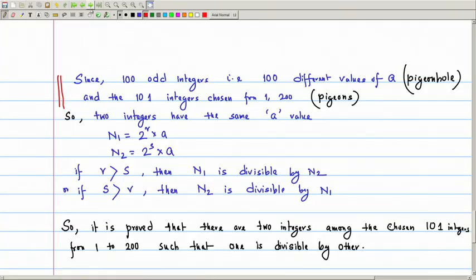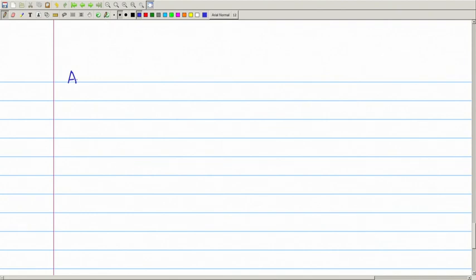Now, we see another type of application, some geometrical problems where we can normally apply the pigeonhole principle to show some statements to be true.